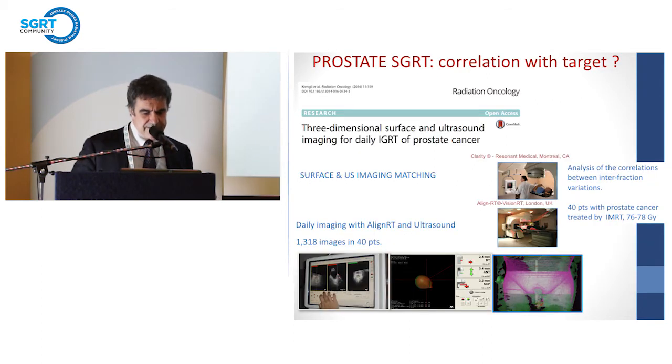Then we decided to study if there was any correlation between the errors detected by AlignRT and the errors detected by the Clarity ultrasound methods.